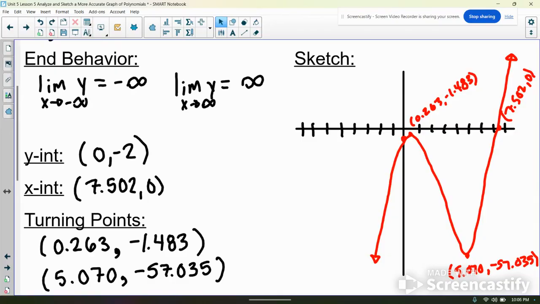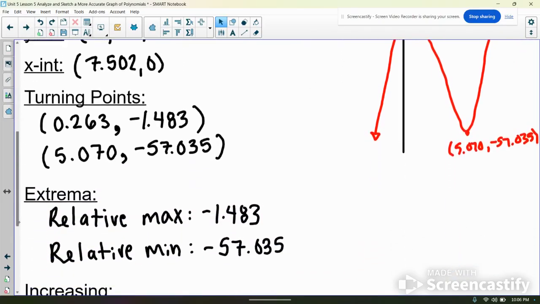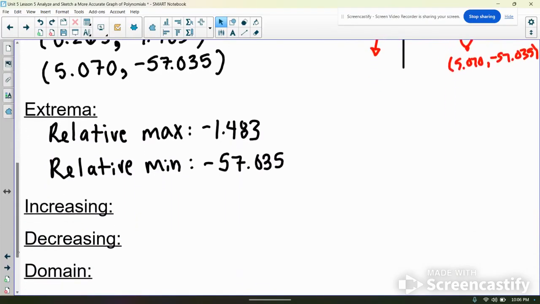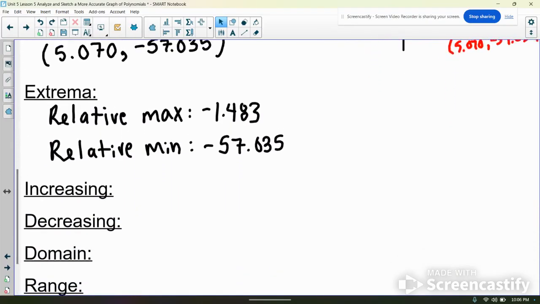So if we take a look at this, we are increasing from all the way down here up till my maximum, and then we start to increase again after the minimum all the way to positive infinity again. And then the decreasing happens in between my max and my min. We're decreasing from this max value to this minimum value. So when we report our increasing and decreasing, we really have to make sure we're utilizing our x values. We use our y values when we are reporting extrema.